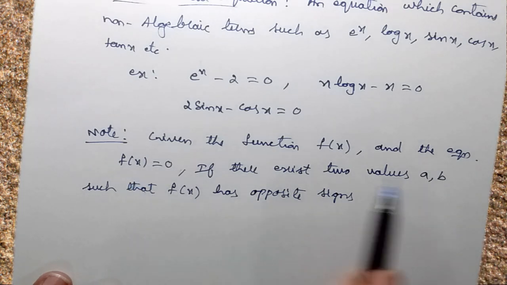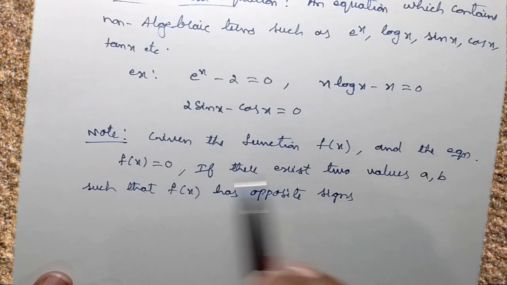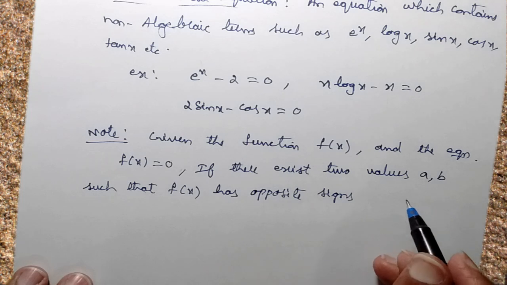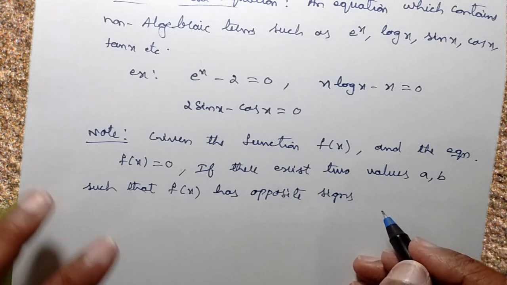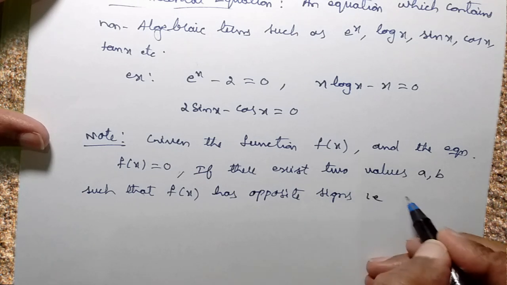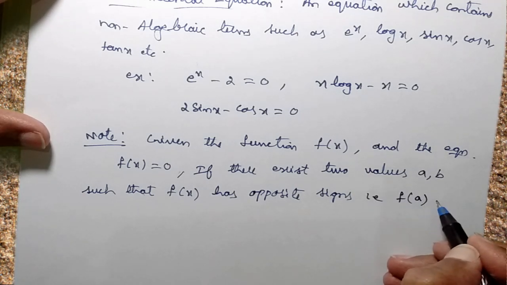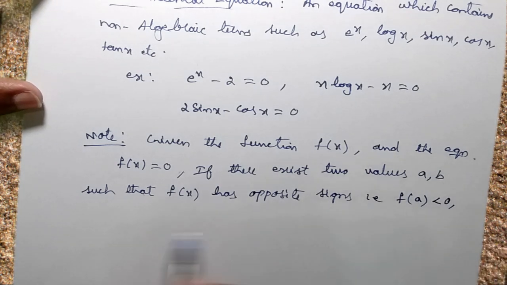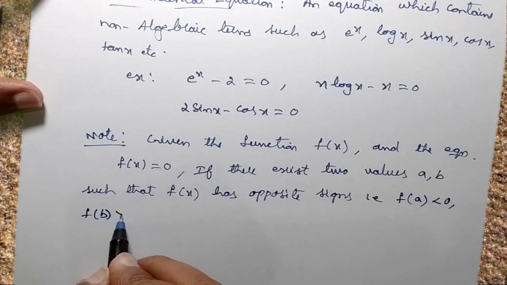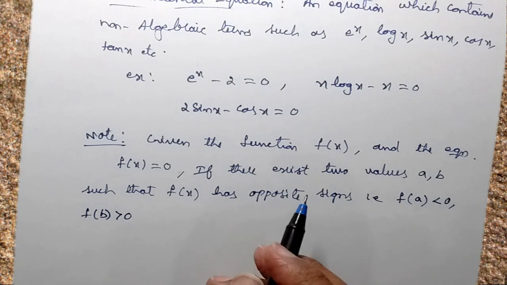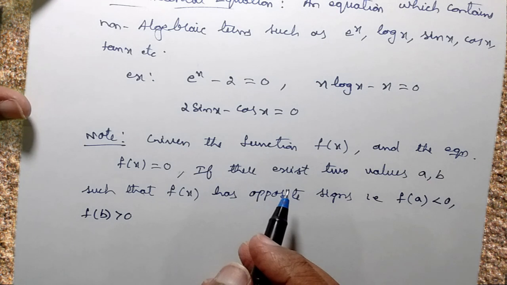For a it might be positive and for b negative, or for a negative and for b positive. If you get opposite signs, for example if I put x as a, it might be less than 0, negative, and for b it might be positive, or it can be the other case also. f of a can be greater than 0 and f of b can be less than 0.